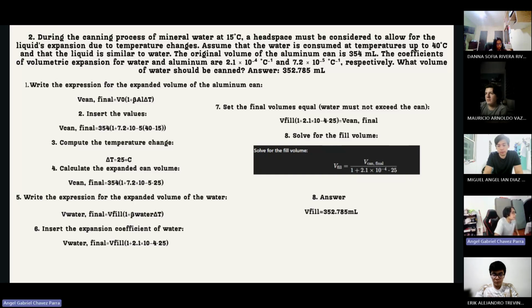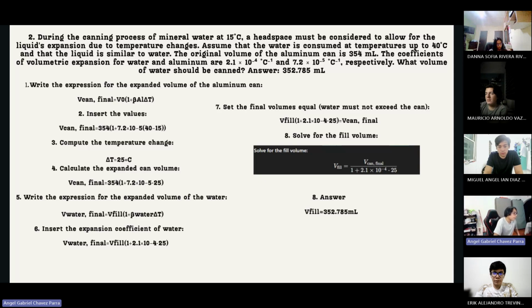1. Write the expression for the expanded volume of the aluminum can: V can final equals V0 times 1 plus beta delta T. 2. Insert the values: V can final equals 354 times 1 plus 7.2 times 10 to the minus 5 times delta T. 3.